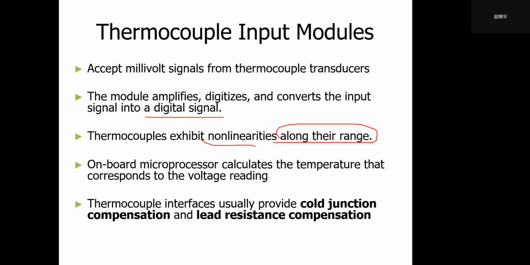An onboard microprocessor calculates the temperature that corresponds to the voltage reading. Thermocouple interfaces usually provide cold junction compensation and need resistance compensation.